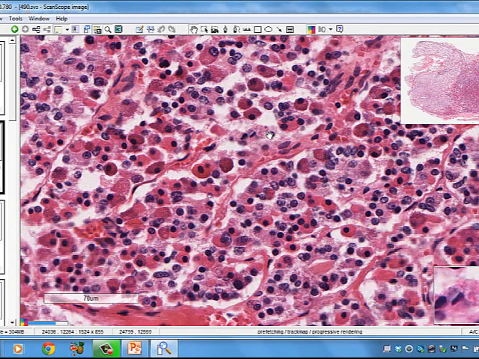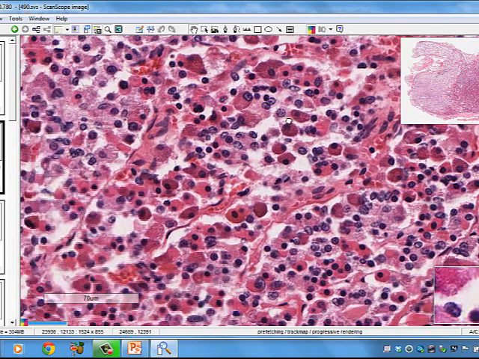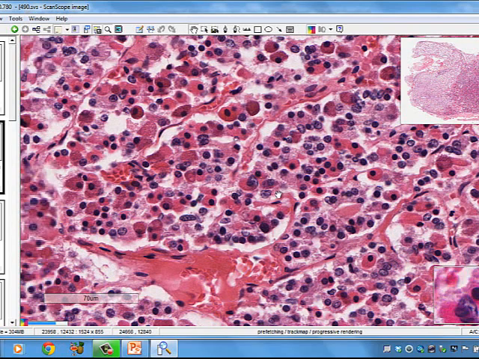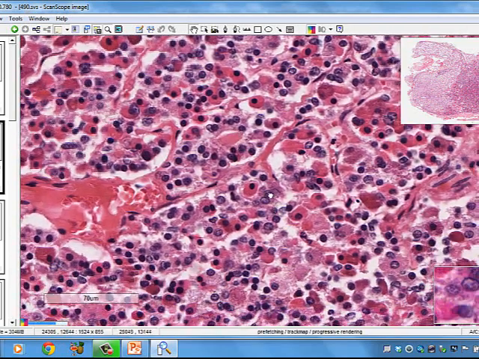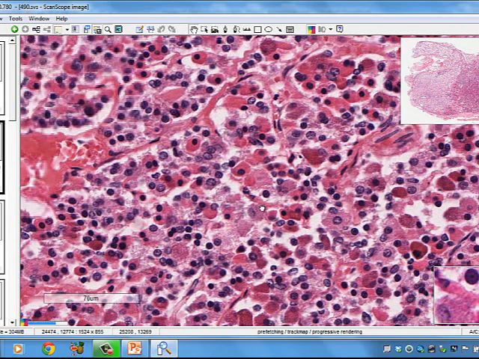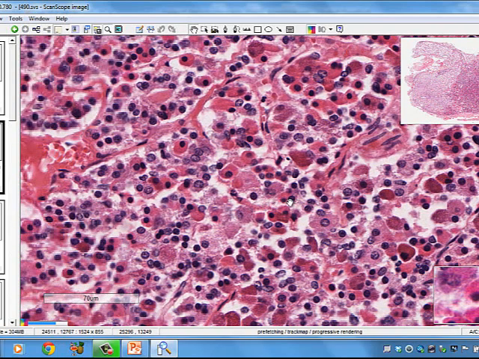That is, they don't take up much stain at all. I don't really see a chromophobe here. These are the acidophils in through here, and there are also basophils as well. But there are also some cells that do not take up much stain at all, the chromophobes. In other words, they don't like the stain.